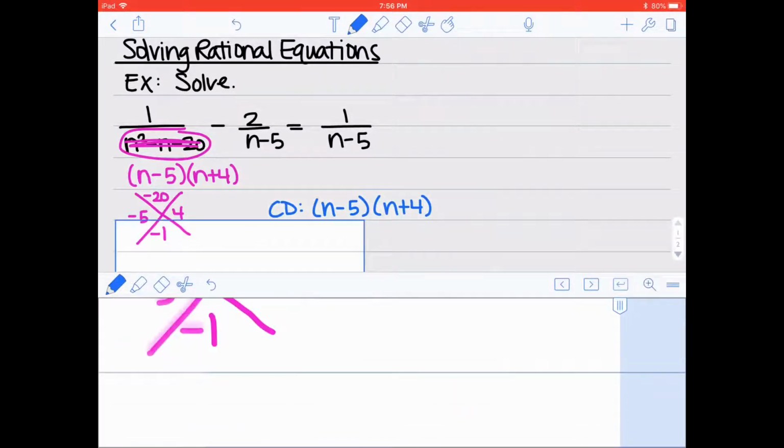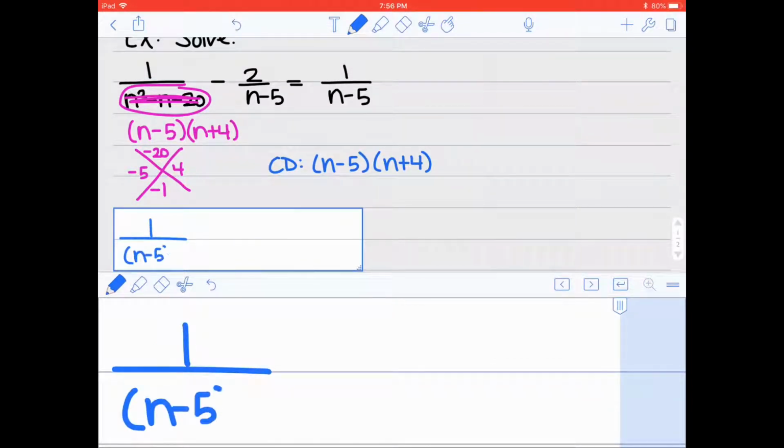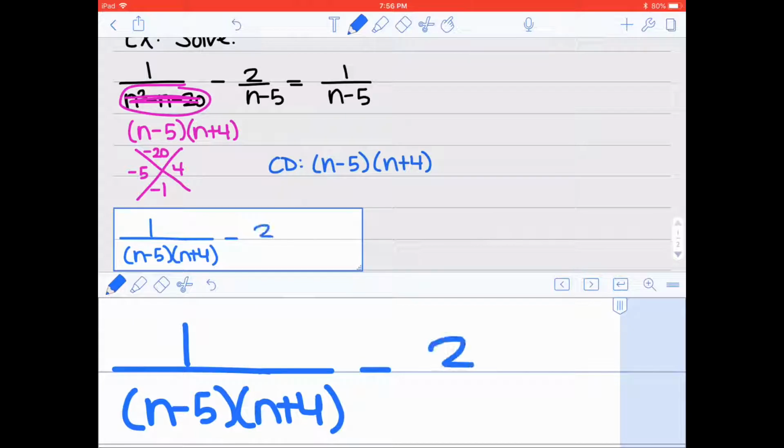Okay, so I'm going to rewrite this just so that I have a cleaned up version to work with. I'm not changing anything, I'm just writing it with that factored form of the denominator.